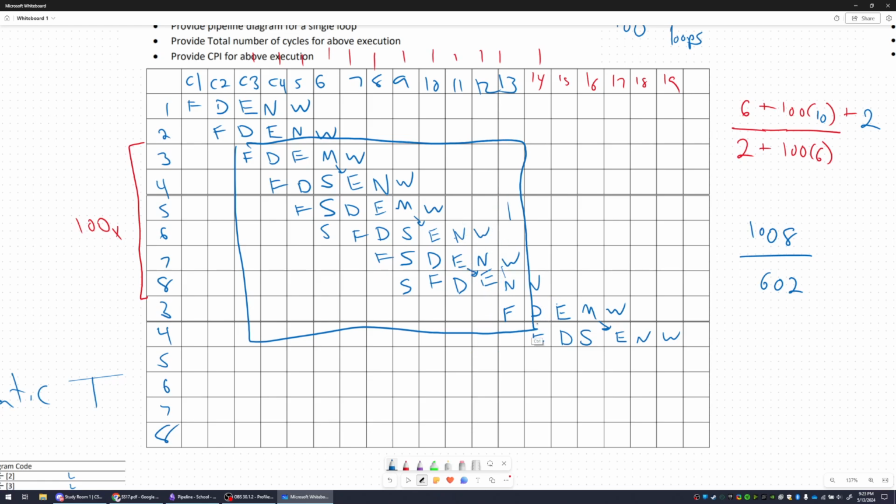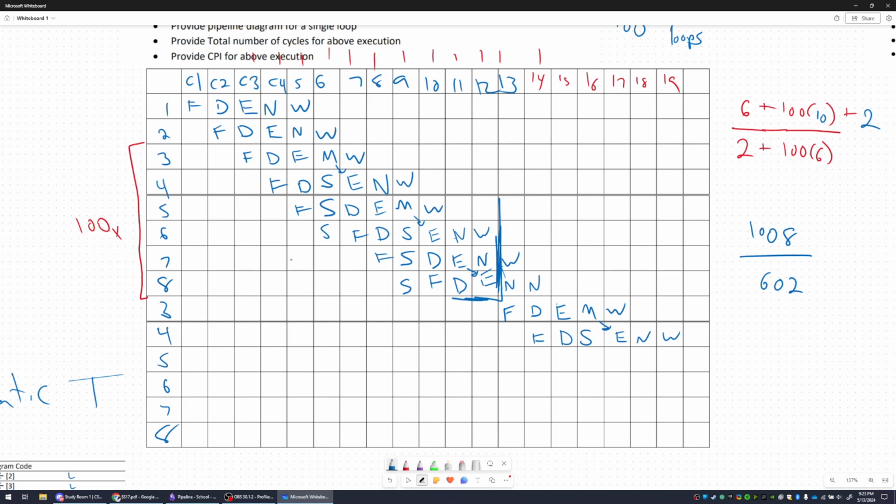Did I draw that box right? Okay, up to here, no, up to here. Because these and these will overlap after the loop restarts.